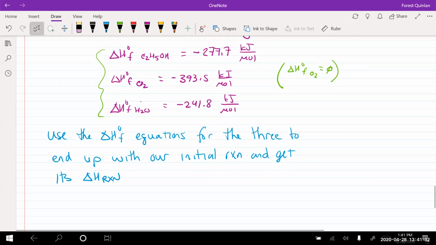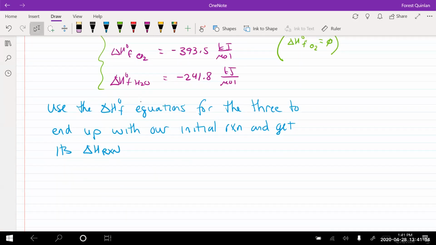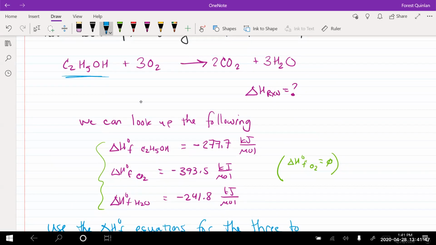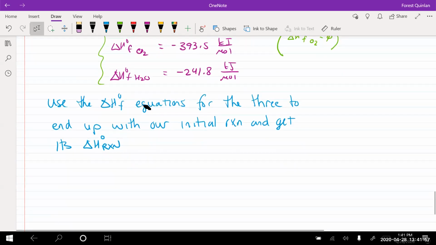Now again, it's not a delta H of formation. It is a delta H, but we can actually put a naught. And the reason we can put a naught is because this guy right here is 1 mole. So we can define it based upon the alcohol being the 1 mole.